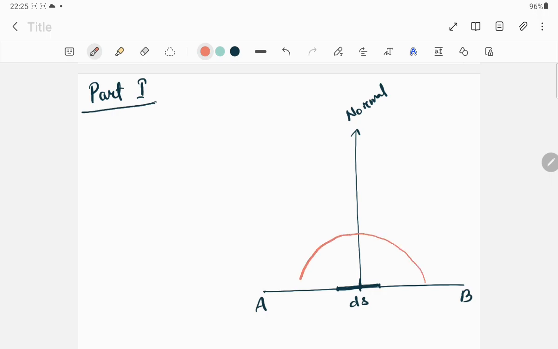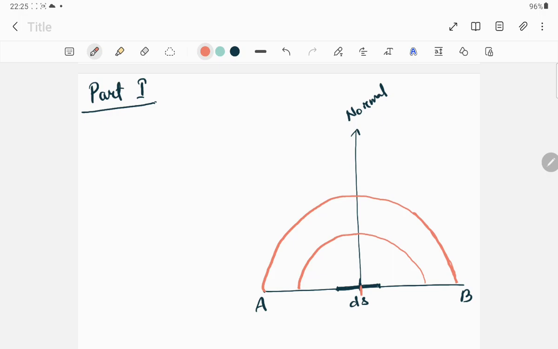My diagram may not be that perfect, so I am drawing two circles like this. What is the specialty of the circles? They have their center at the center of ds, means here.